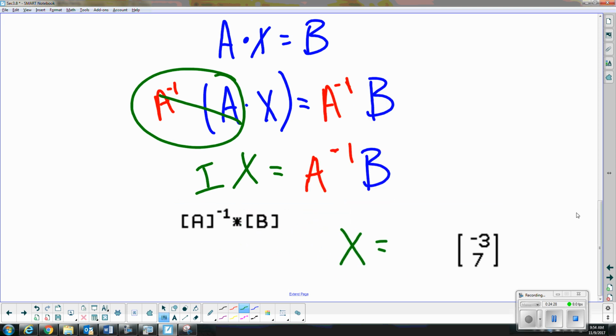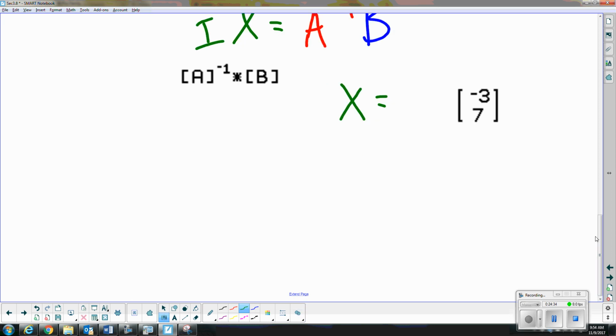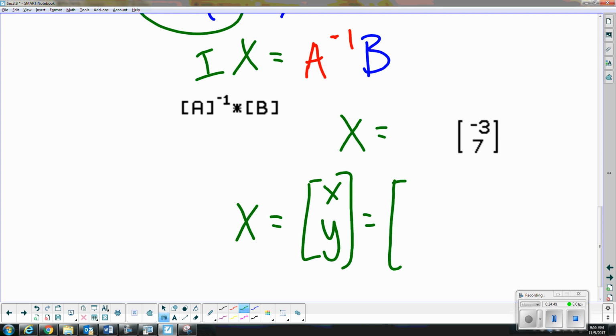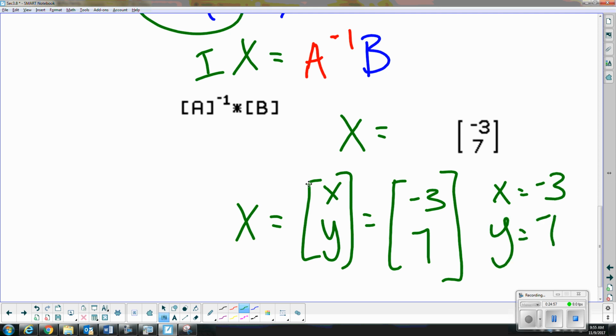So X equals negative 3, 7. Now, if you actually were to interpret that, what does that mean? That means our X matrix, which is X and Y, equals negative 3 and 7. So that means X equals negative 3 and Y equals 7.